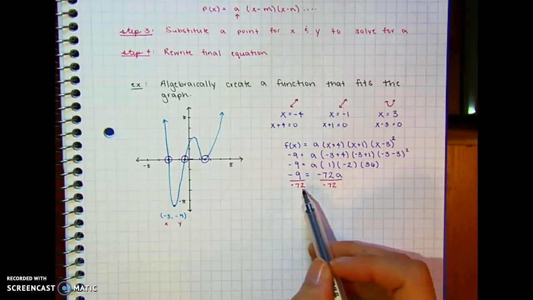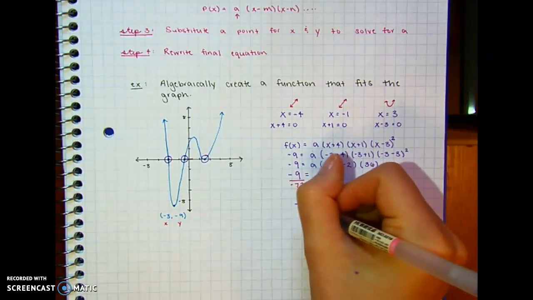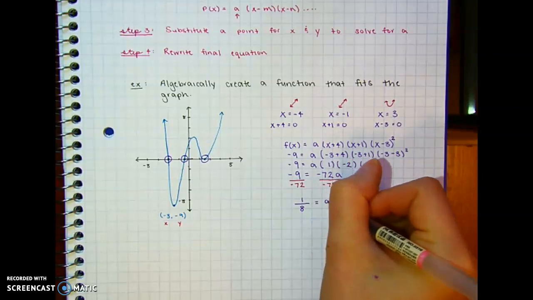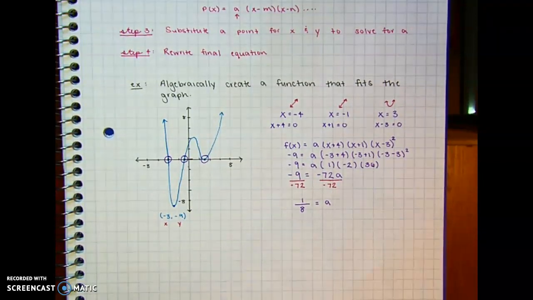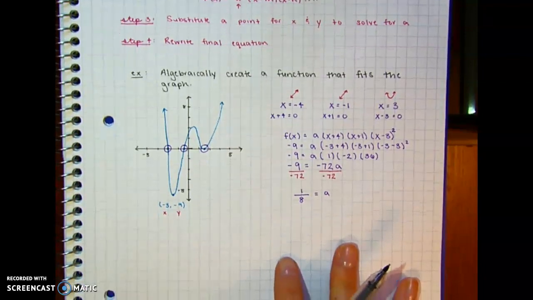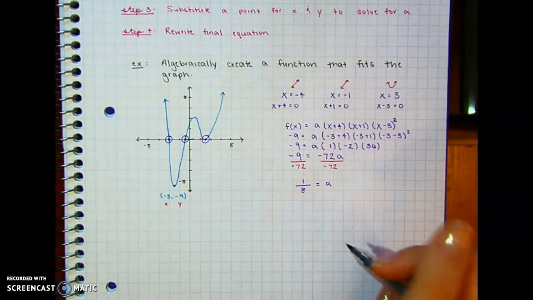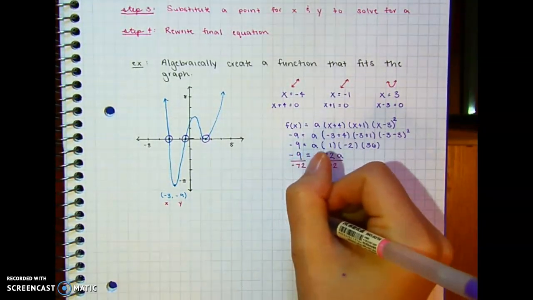And 9 over 72, they're both divisible by 9. 9 divided by 9 is 1. 72 divided by 9 is 8. Leave this as a fraction. Basically, guys, you always want fractions when you're solving algebraically. There are a few exceptions in algebra where we want decimals. Alright, so now I've got my a value, so I'm going to rewrite my equation in factored form.